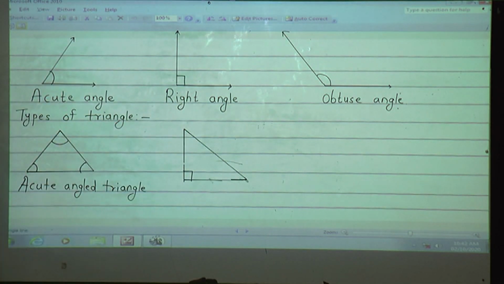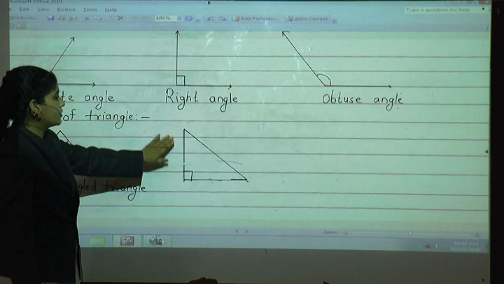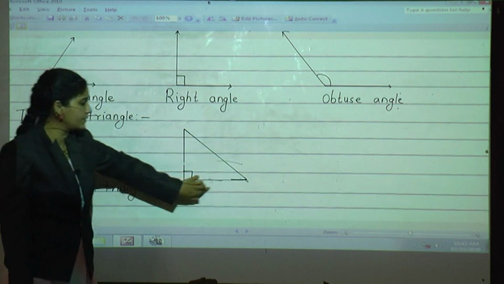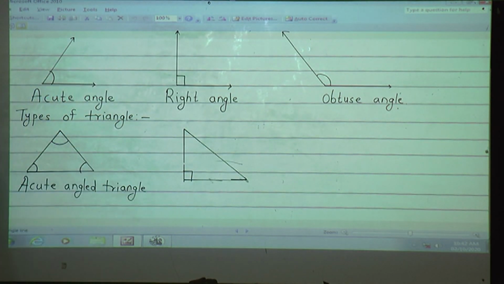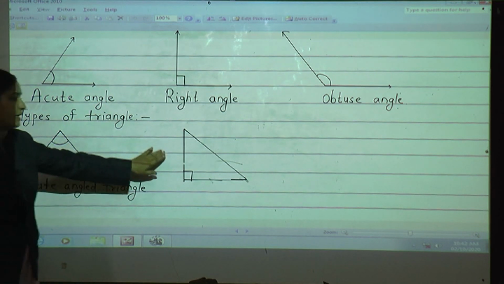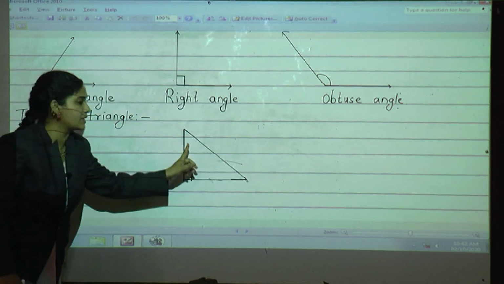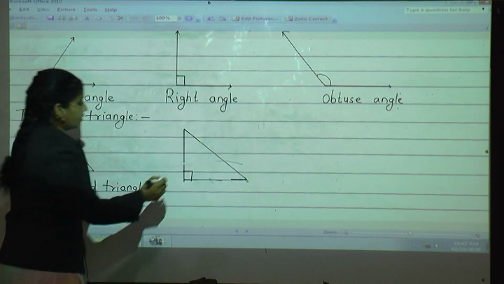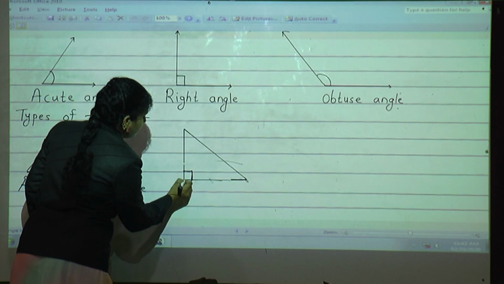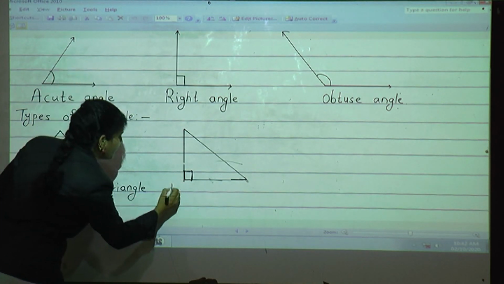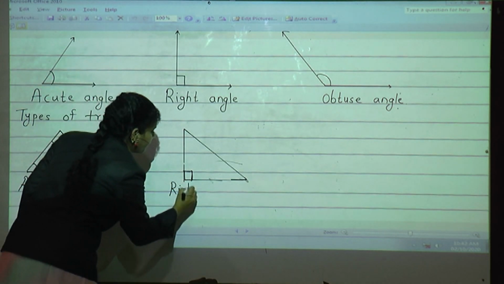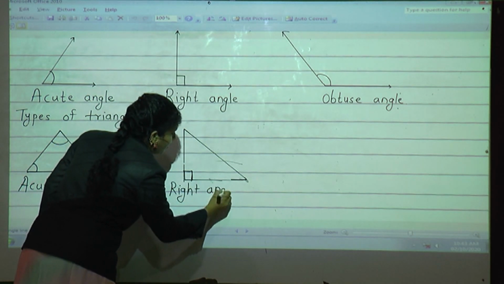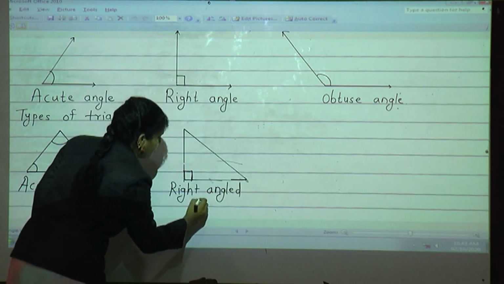Here one angle is 90 degree. So you can see a right angle here. Yes. The triangle with one right angle is called a right angle triangle. The right angle is marked as shown. See here. It is shown like this here. So it is a right angle triangle.